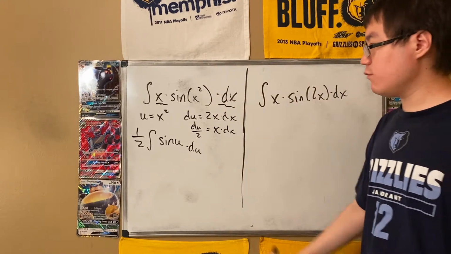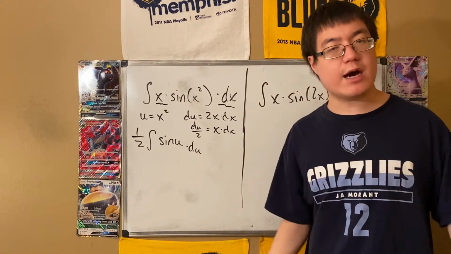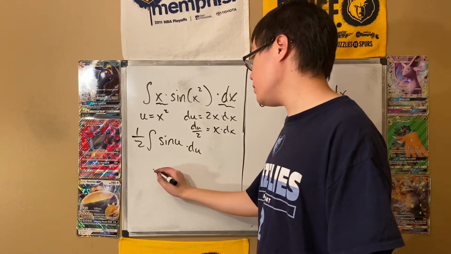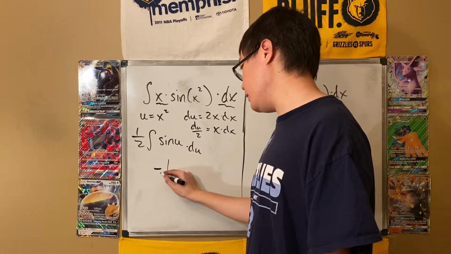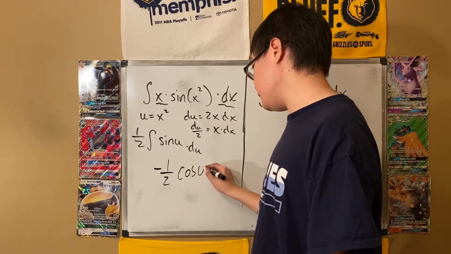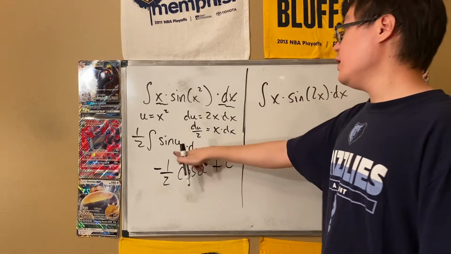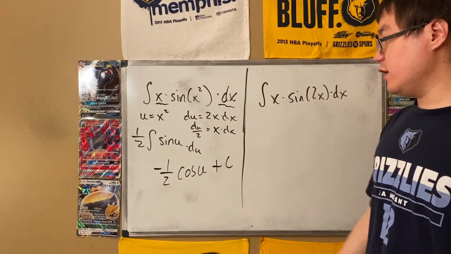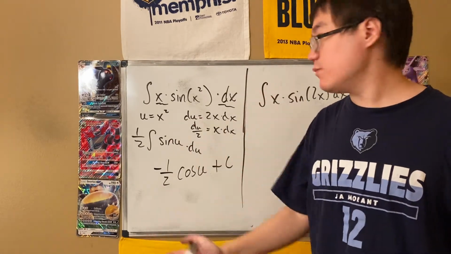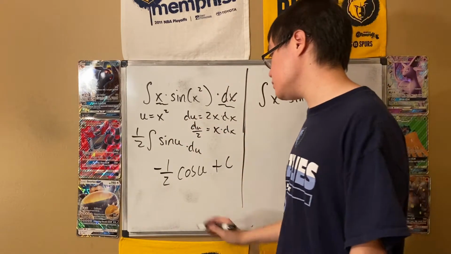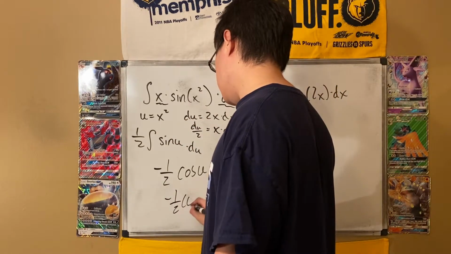We did our mission, we changed all of the x's to u's, so now it's time for the antiderivative. Remember that the antiderivative of sine is negative cosine, so it's going to be negative 1/2 cosine of u. We're going to add c, and then at the very end, if you have an indefinite integral, unlike a definite integral where we change all the numbers, you do want to plug back in this x, so it's going to be negative 1/2 cosine of x squared.